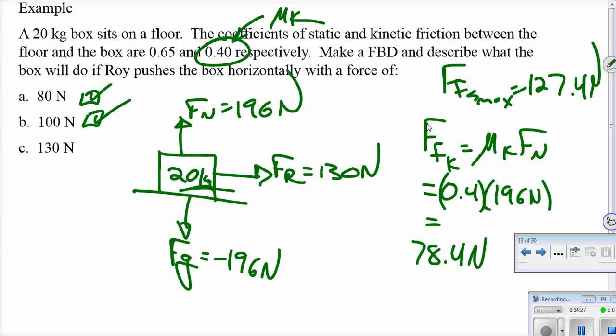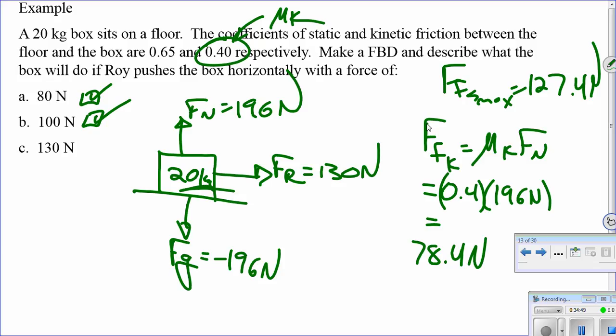All right, so that kinetic friction is now going to resist the motion. To determine the direction that kinetic friction is acting, we need to decide what direction the box is moving.